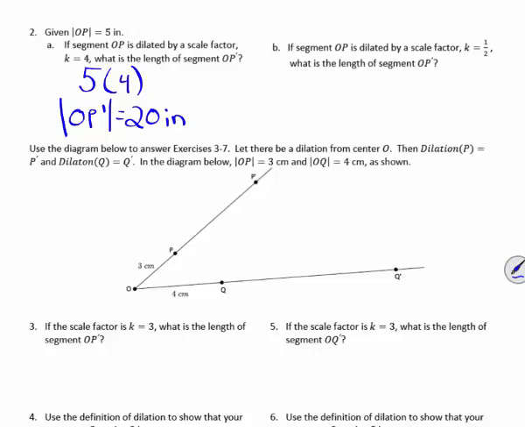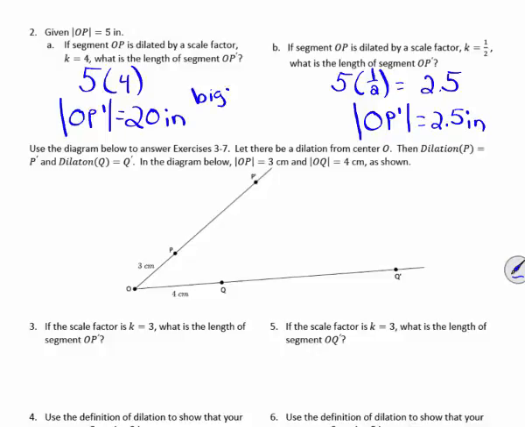If I do it by a scale factor of a half, we have our 5 inches times a half, which means 2.5. So now OP prime is 2.5 inches. Here it got bigger because my scale factor is bigger than 1. Here it gets smaller because my scale factor is a fraction, less than 1.